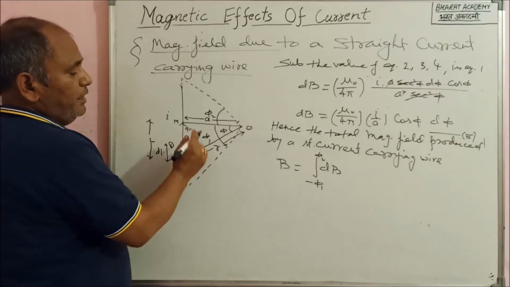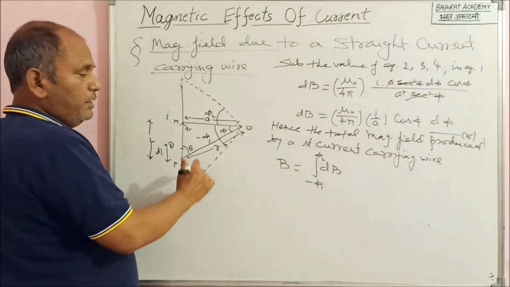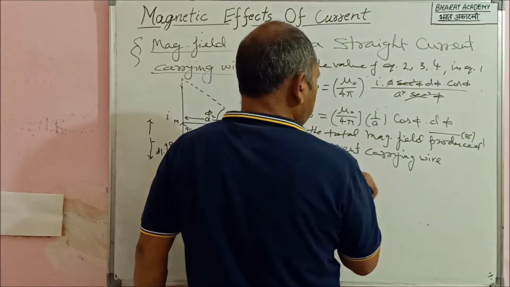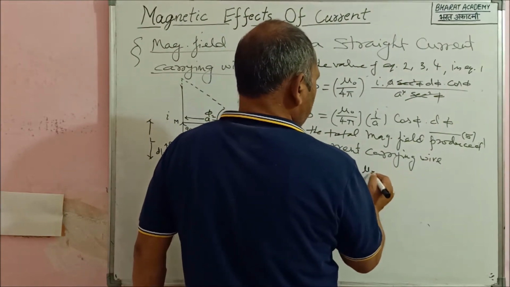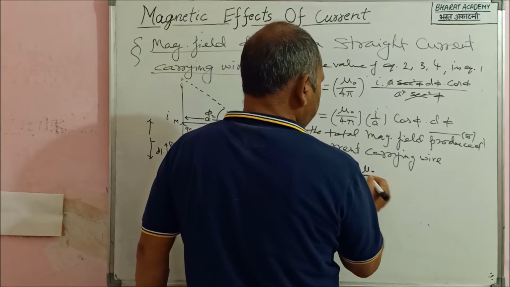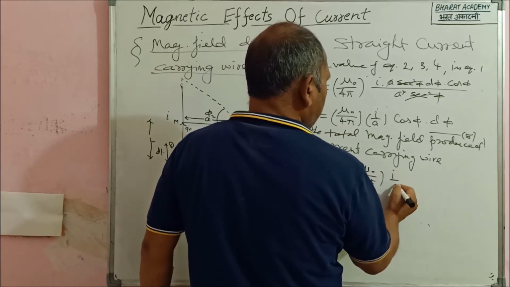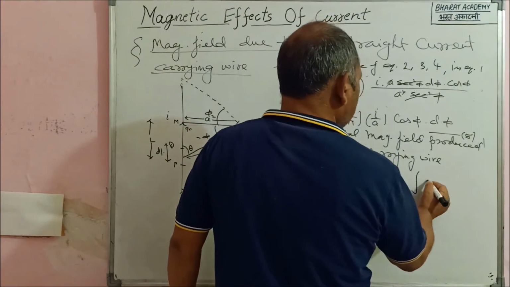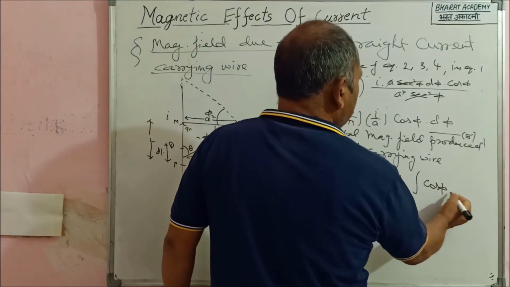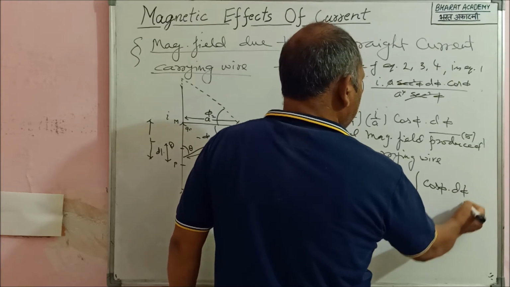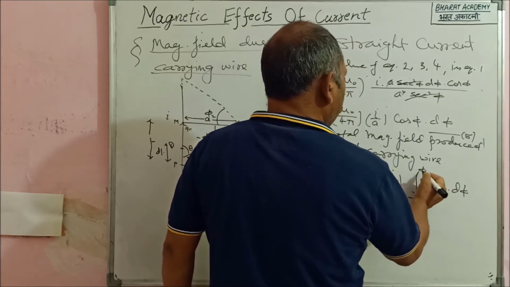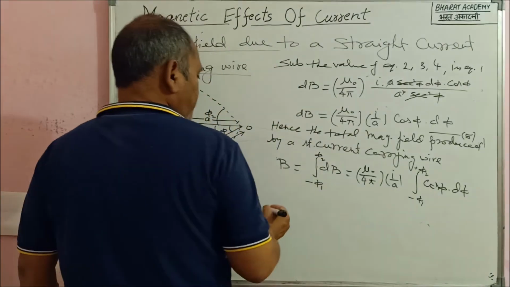One has to be very clear about it. Why minus? Because it is below the horizontal axis and this is above that. If one is positive, the other is negative. Substitute this value. Mu 0 by 4 pi I by A has nothing to do with the integration. The only variable is cos phi d phi ranging from minus phi 1 to plus phi 2, right?